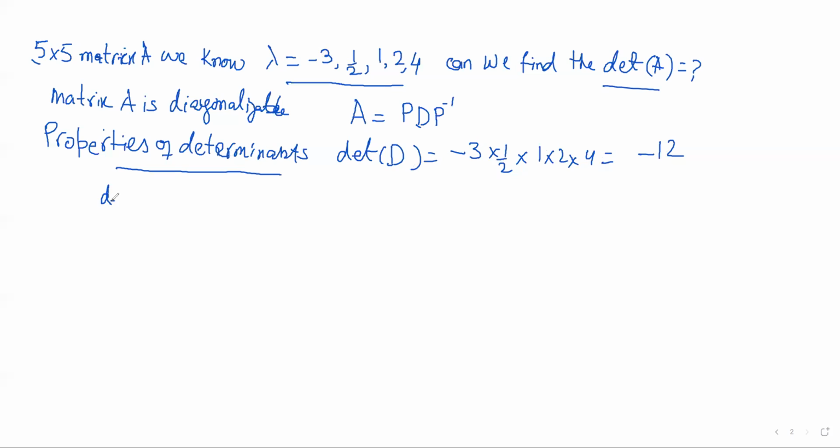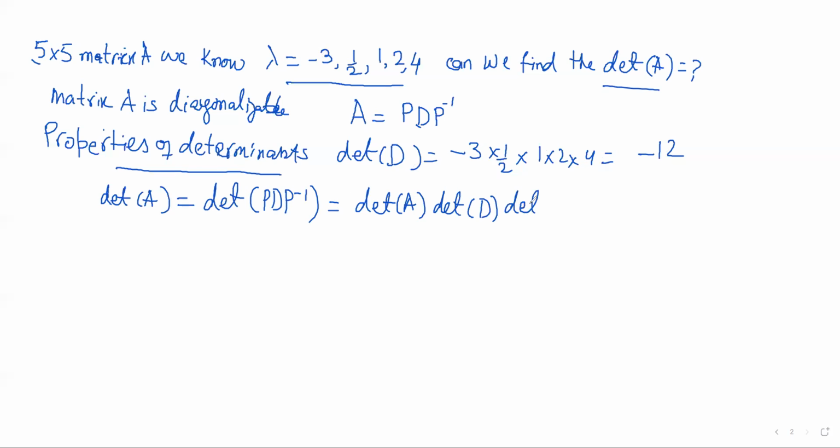So the determinant of A will be equal to the determinant of P D P inverse. From the properties of determinants, we know that this is equal to the determinant of P into the determinant of D into the determinant of P inverse.